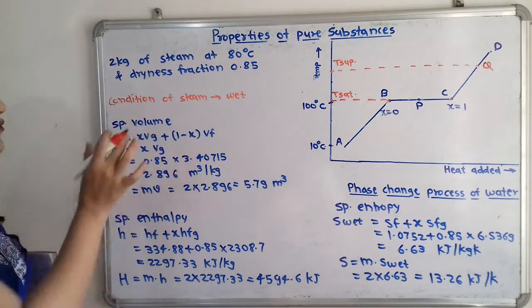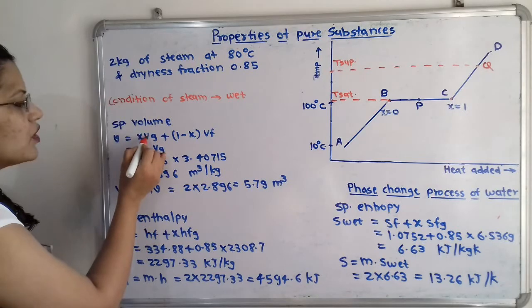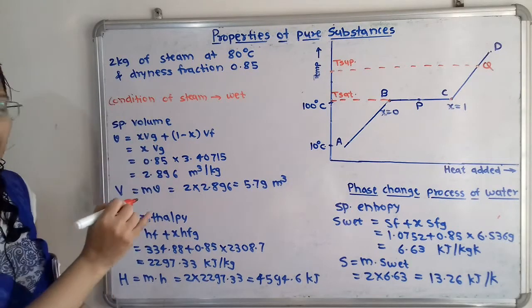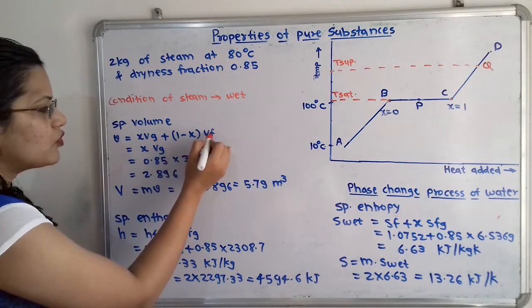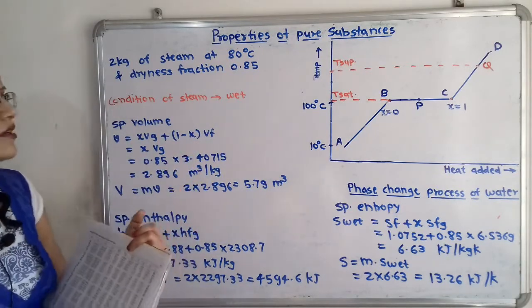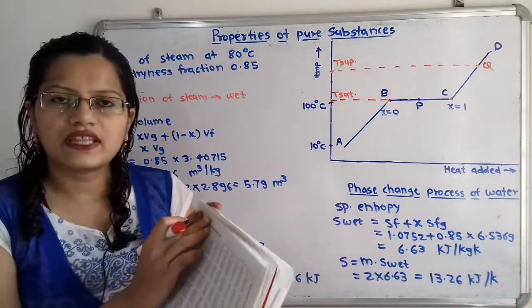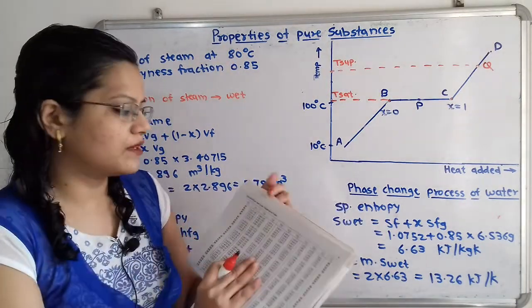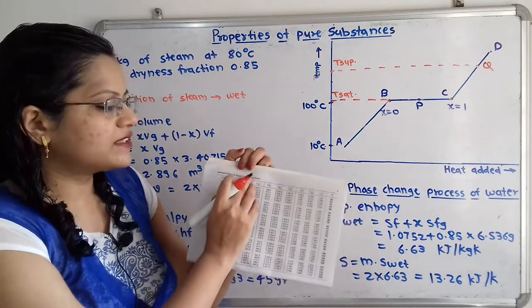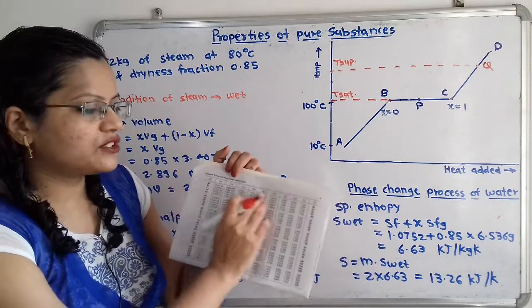For that we first have to find the value of specific volume for dry saturated vapor, that is Vg, and the volume Vf, from the steam table. Temperature is given, so we will refer to the temperature table. Here the saturated water and steam temperature table is given, and in the first column temperatures are mentioned.